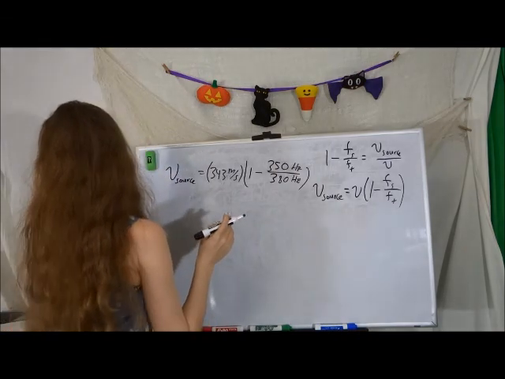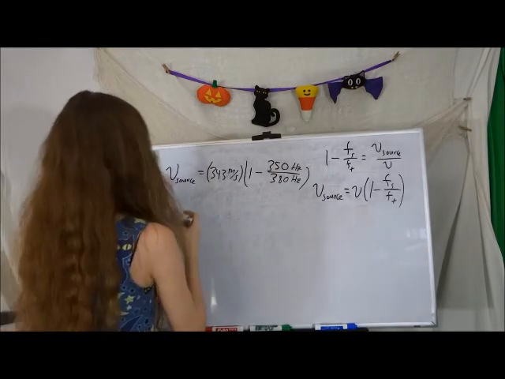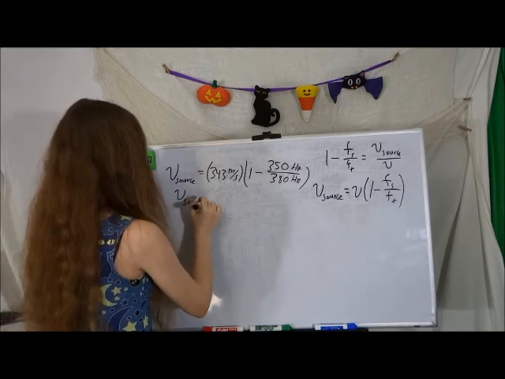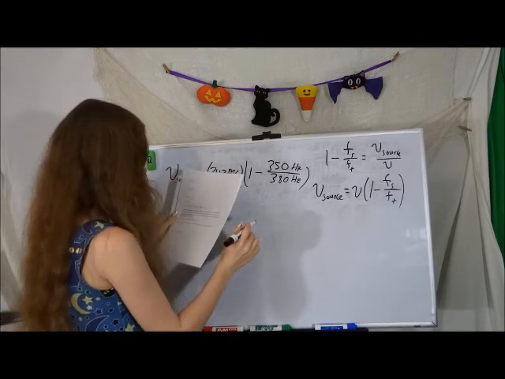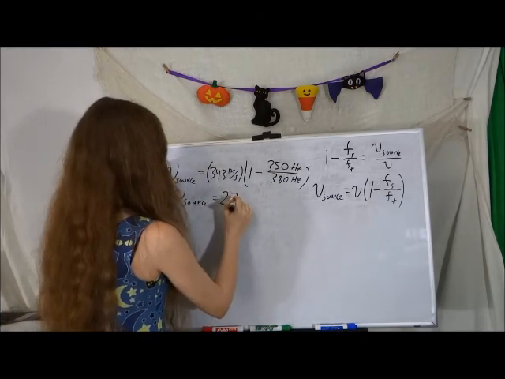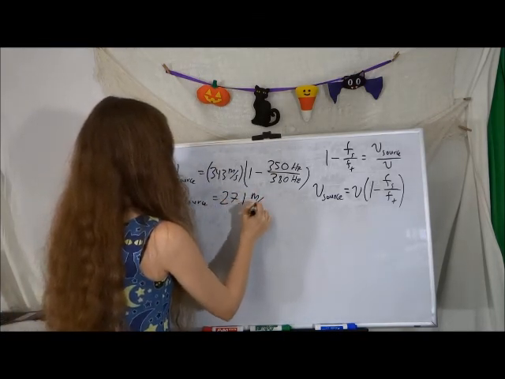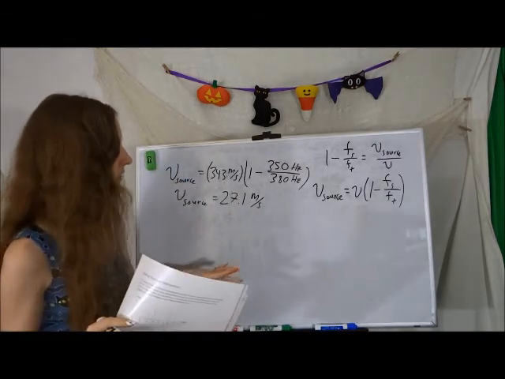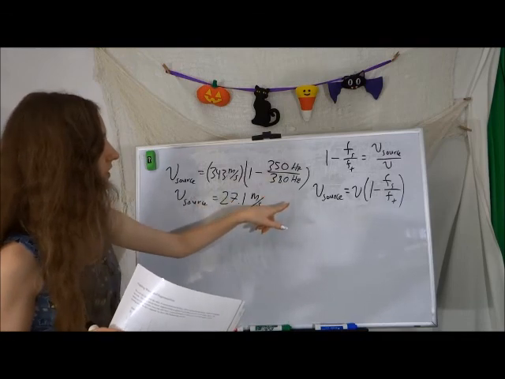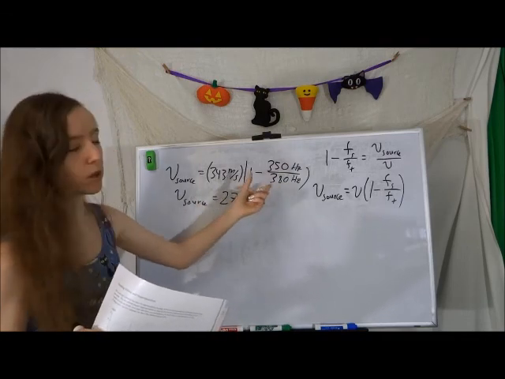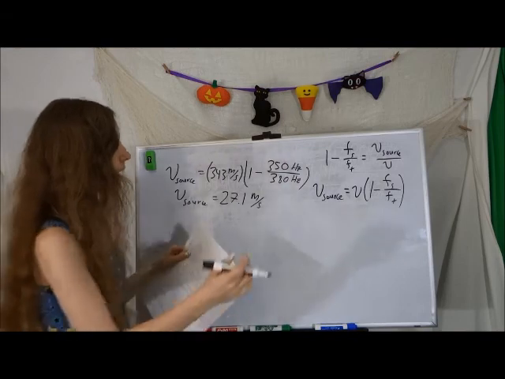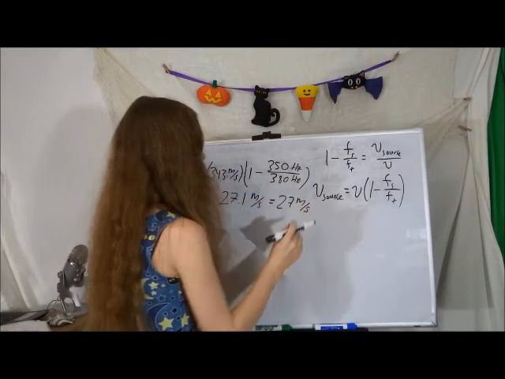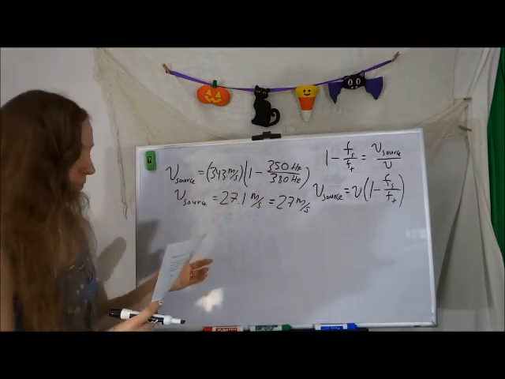We go ahead and plug this into our calculator and get that the speed of our werewolf is about 27.1 meters per second. Now it's a little bit ambiguous how many sig figs we have here because these are both rounded numbers, so we could say that we have only 2, or we could try and argue that there are 3. So we could also say this is 27 meters per second. Either of these answers would be acceptable.